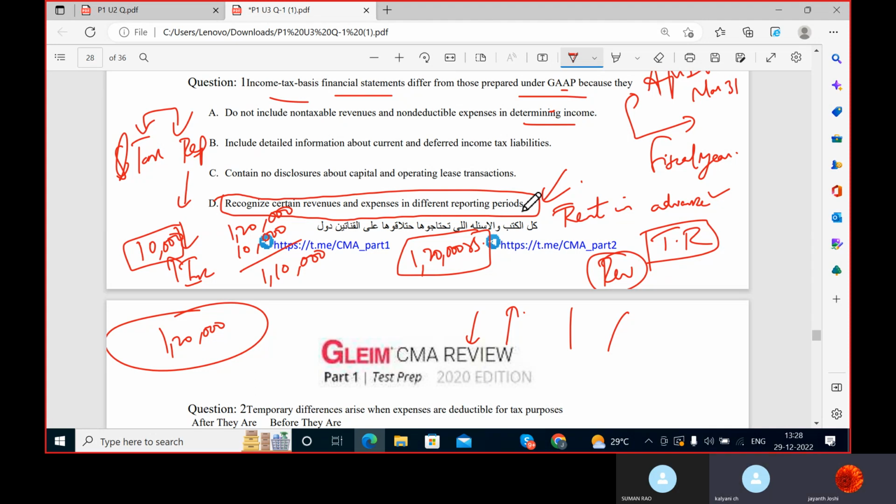Shall we go ahead? Yes, sir. This was from the perspective of tax returns. If I see from the perspective of financial reports, there is a warranty liability.